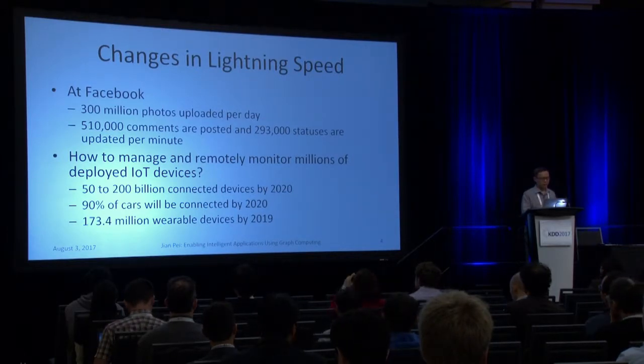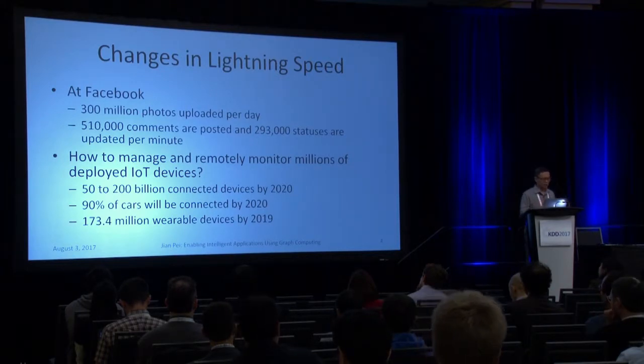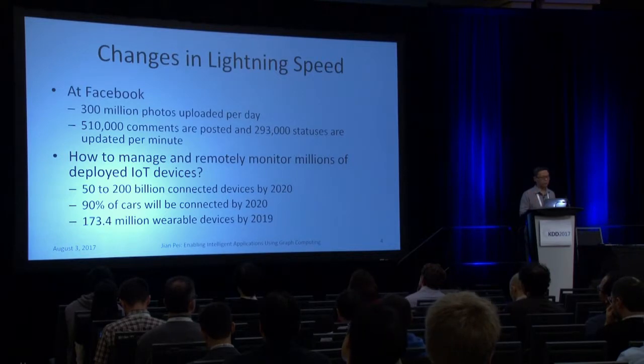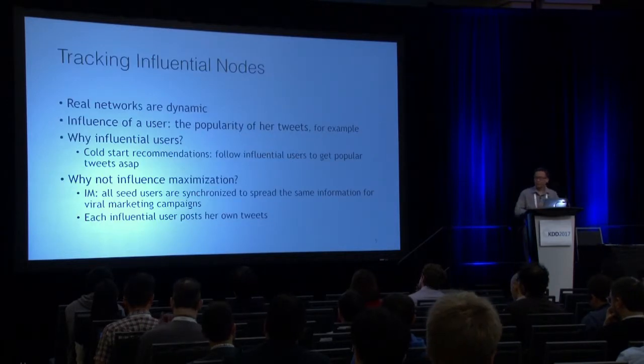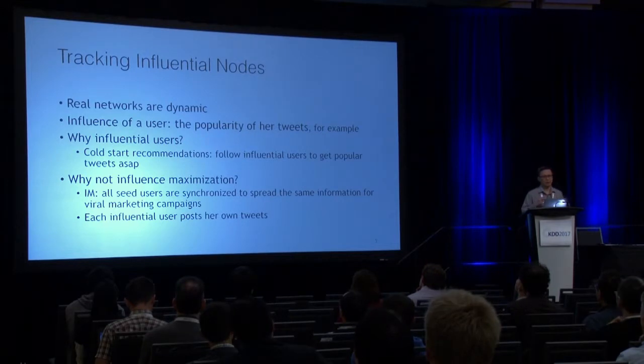For example, by 2020, as I just mentioned, there will be 50 to 200 billion connected devices, and 90% of cars will be connected by then. And there will be close to 200 million wearable devices by 2019. So this leads to the problem of checking nodes in a network.